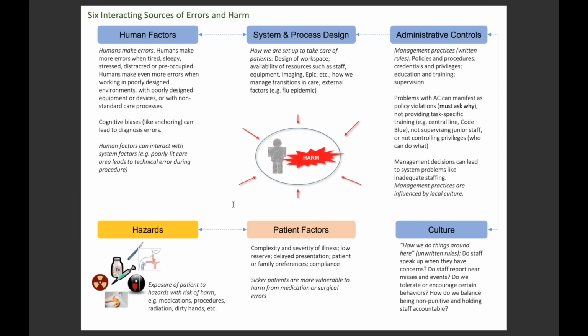Humans make even more errors when working in poorly designed environments with poorly designed equipment or devices, or with non-standard procedures. And this is a big factor. That's this idea here of being situationally aware of the environment you're in when you walk into it, for the things that you have to do.